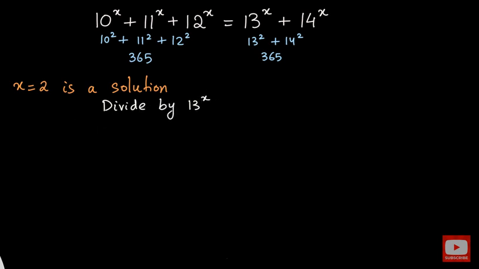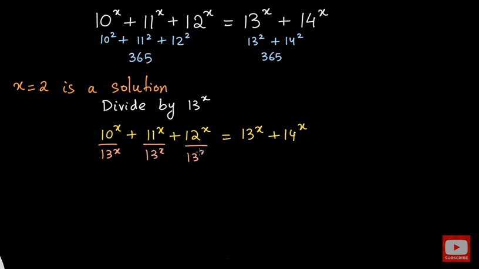Let me write the equation again over here for your reference. Let's divide both sides by 13^x, which means we have to divide every term by 13^x. Let us simplify each and every term.